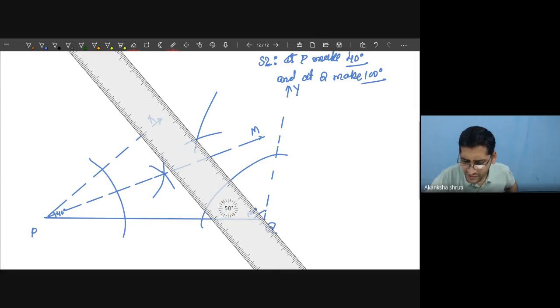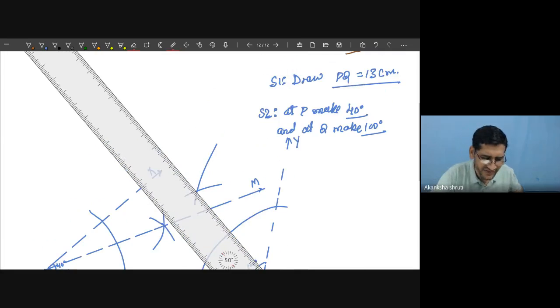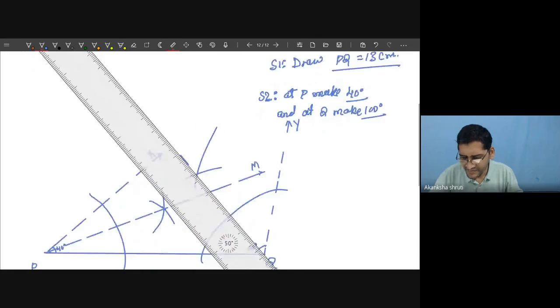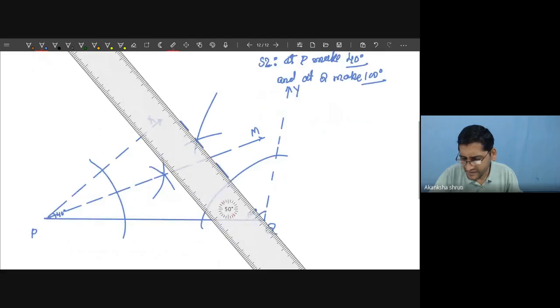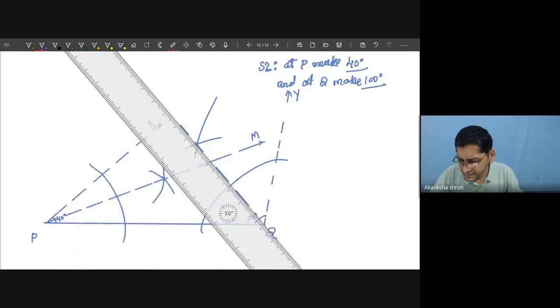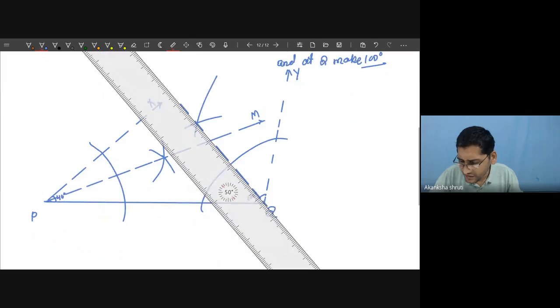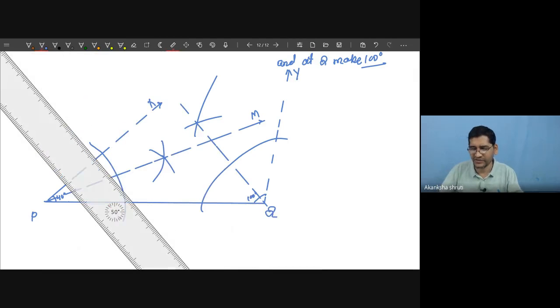Now we have to, this we have drawn. This angle. This way the bisector of angle P and angle Q is found. And where these two bisectors are meeting, consider this as N. They are meeting at this point, student.